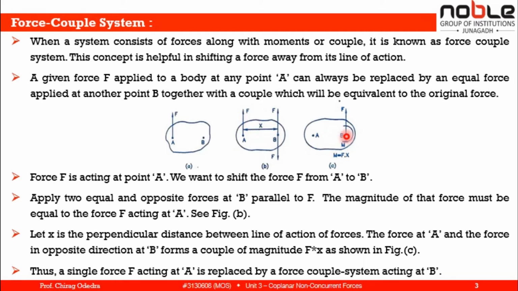That means we can replace these two forces by a moment that is M equals F into x at the point B. So we can always replace the force at point A by a force on point B and applying the moment because of forces. So this is the concept of force couple system.